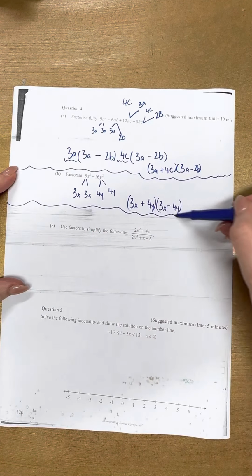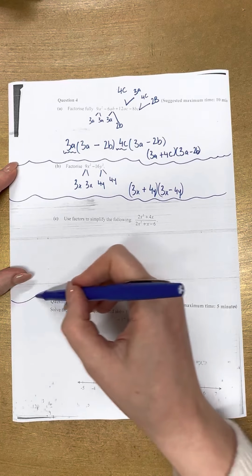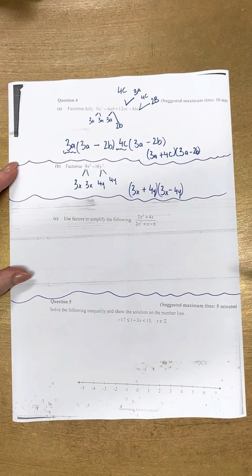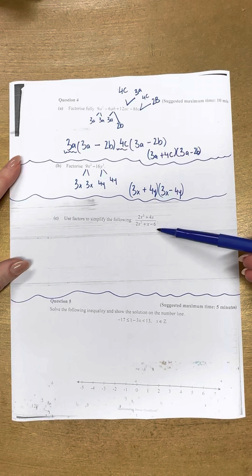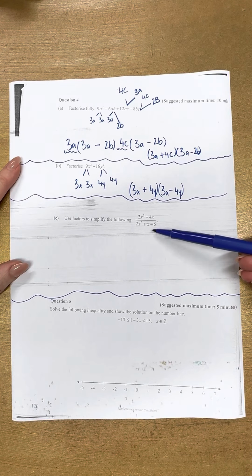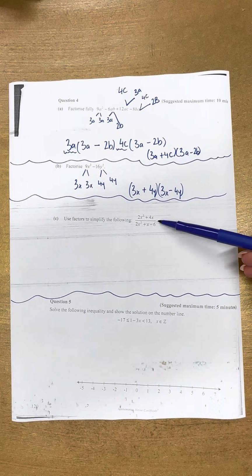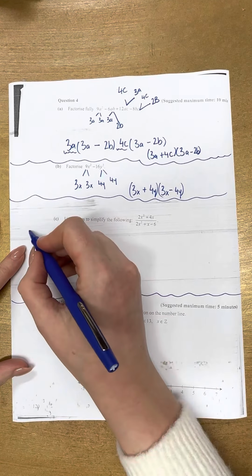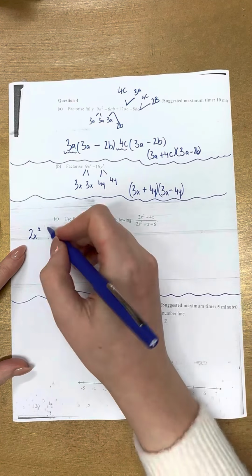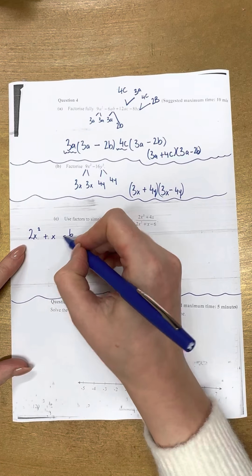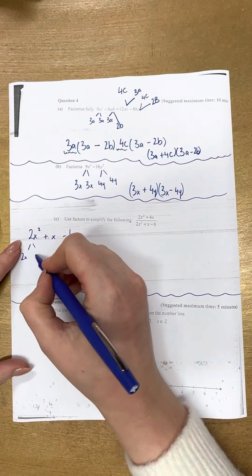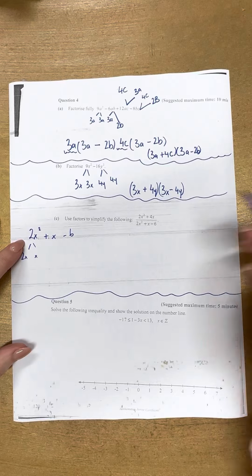The next one is factors to simplify the following. So you want to factorize the bottom one, factorize the top one, and put them back over each other. So the bottom one, we've been working on the quadratic equations. So you'd say 2x times x is 2x squared.